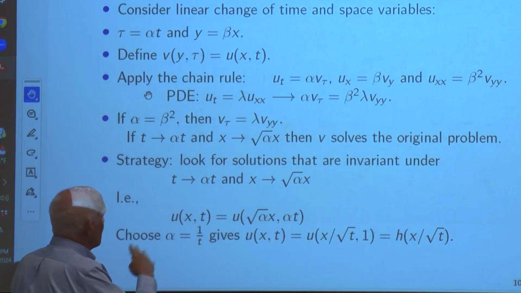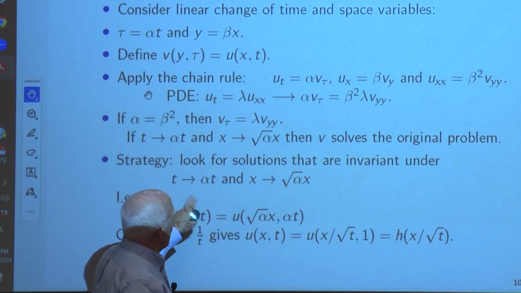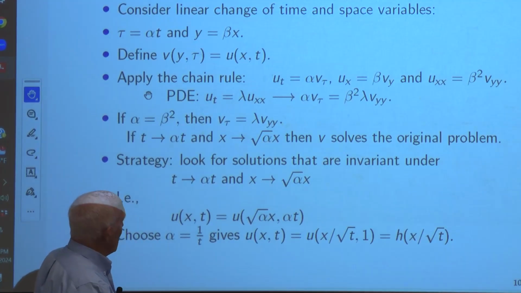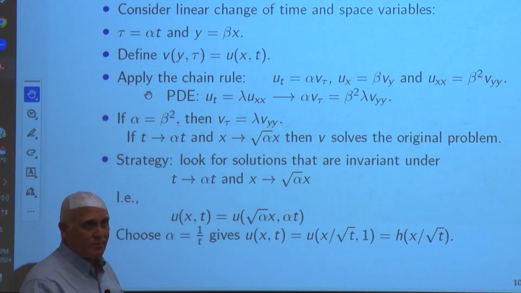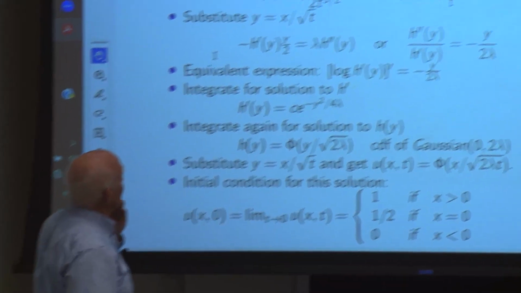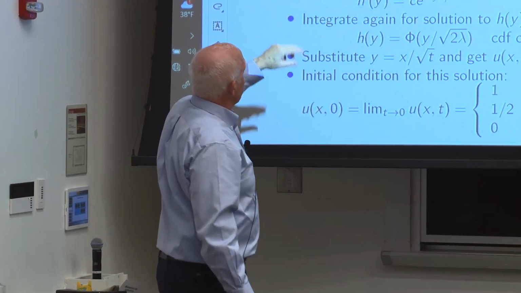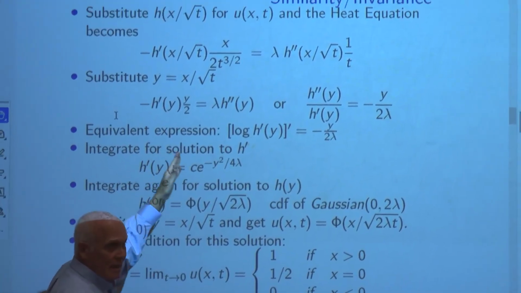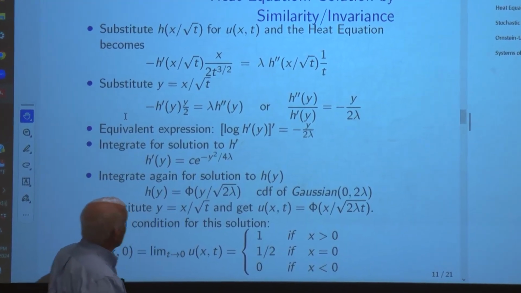So we have a transformation of our original scales to a problem where our solution function u has this form, and so it's a function just of one variable. And so when this is a function of one variable, if we substitute that into the heat equation, we get the derivative of h with respect to t on the left-hand side is equal to lambda times the second partial of h with respect to x on the right-hand side.